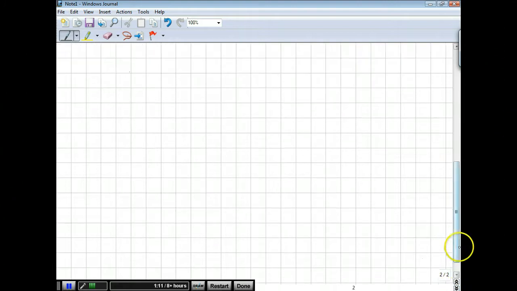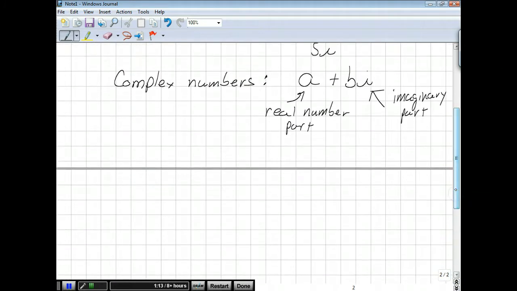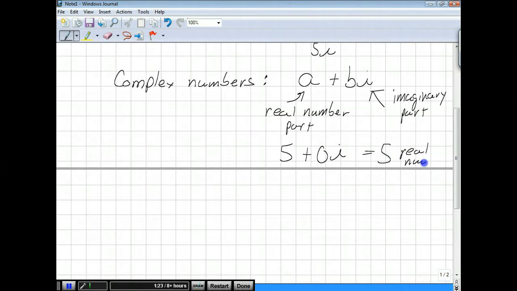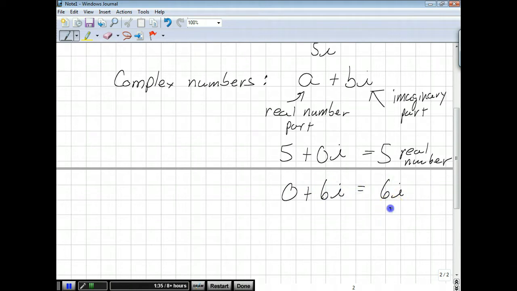Okay, so if I have, for instance, 5 plus 0i, well, that's just equal to 5. So that is a real number. Okay, so that's in the real number system. If I have 0 plus 6i, well, that's just really 6i, which is an imaginary number.